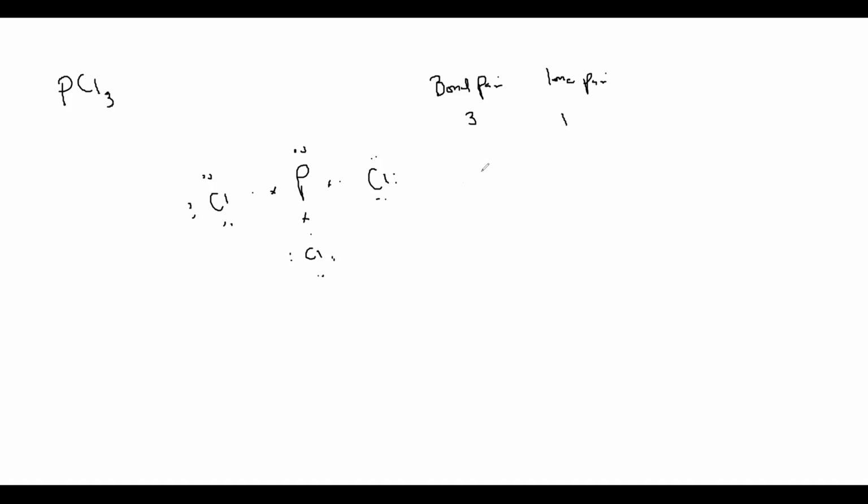So what will the geometry be from this? We can say it is trigonal pyramidal with a bond angle of 107. And how do we show this? So the lone pair, one bond is in the same plane, one is into, another one is out. Is it clear, the structure of PCl3 predicting the geometry?